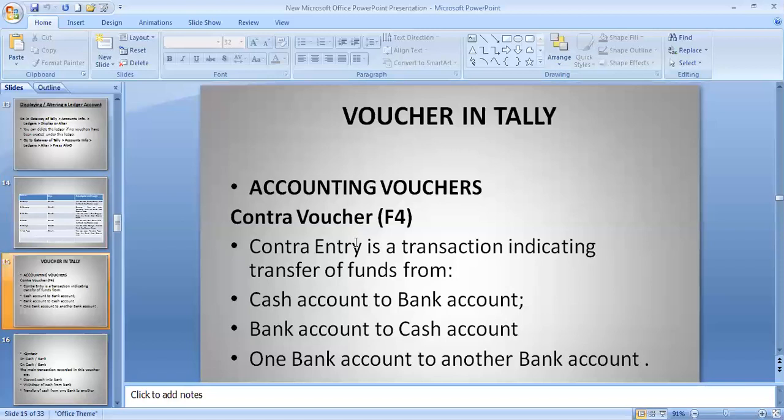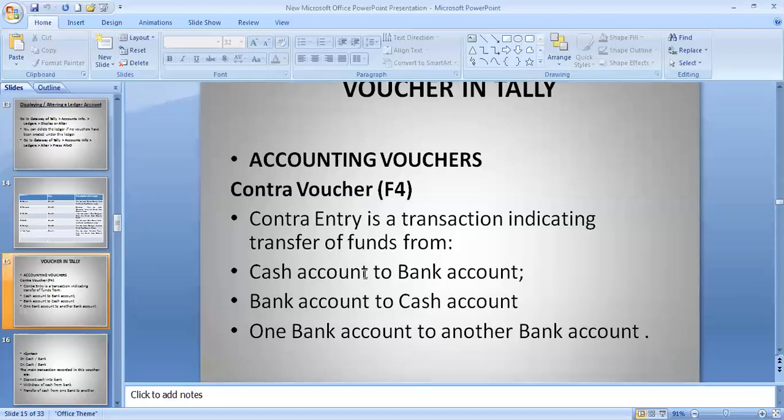Whenever there is a bank to bank transaction, a cash to bank transaction, or a bank to cash transaction, the contra voucher comes into the picture. Clear? So the contra entry is a transaction indicating transfer of funds from cash account to bank account, bank to cash account, and one bank to another bank account.